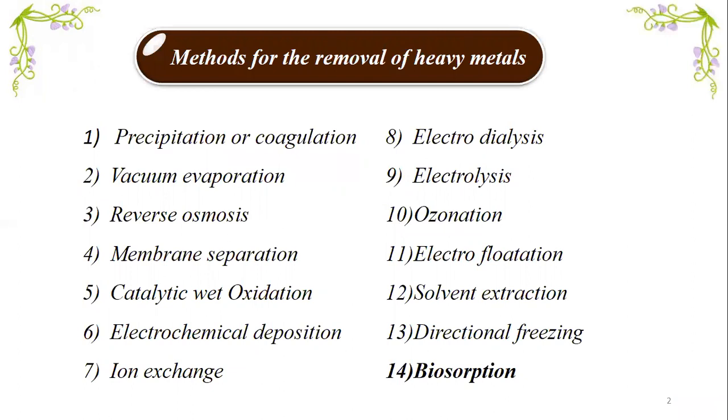So there are different methods, as I have told you, for removal of heavy metals, dyes, and organic toxic pollutants in the water. Like precipitation or coagulation, the well mature process that is used.